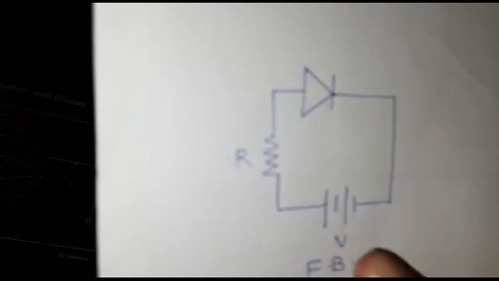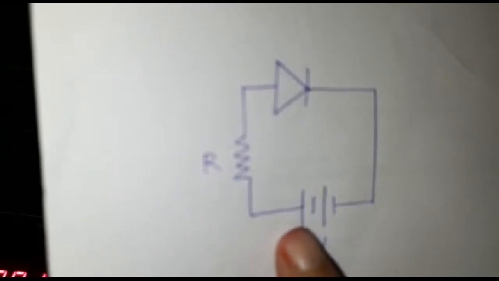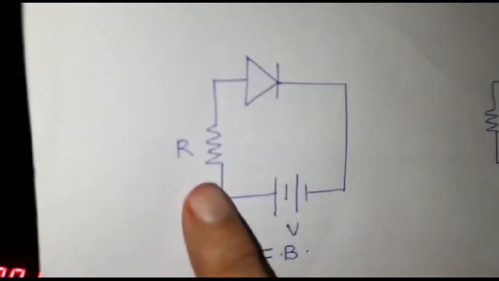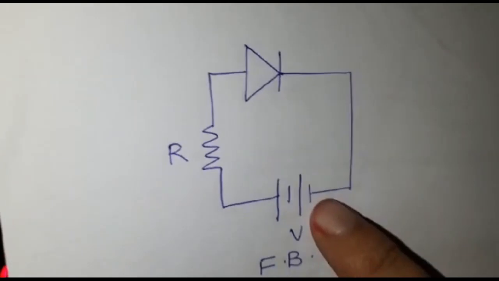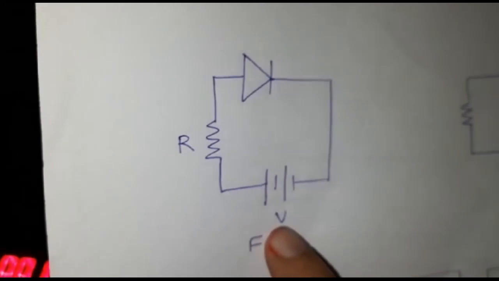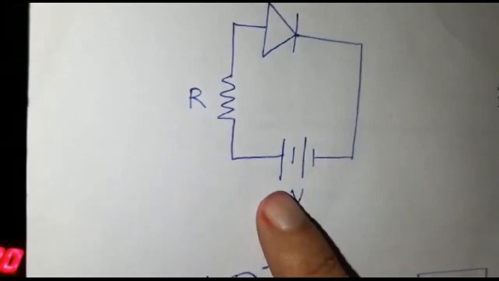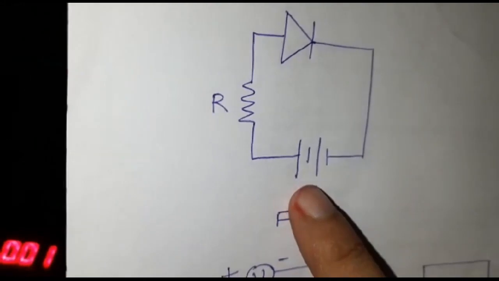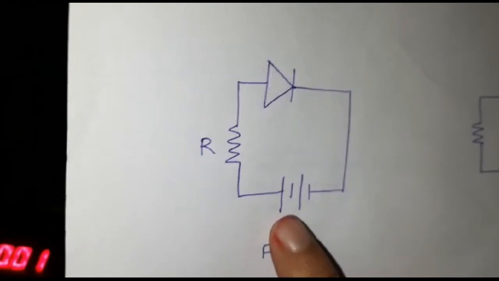discuss theory of diode. In this circuit, the anode is connected to the positive terminal of the battery through a current limiting resistor, and the cathode is connected to the negative side of the battery. So this diode is forward biased, and the voltage is increased from 0 volt to 1 volt.